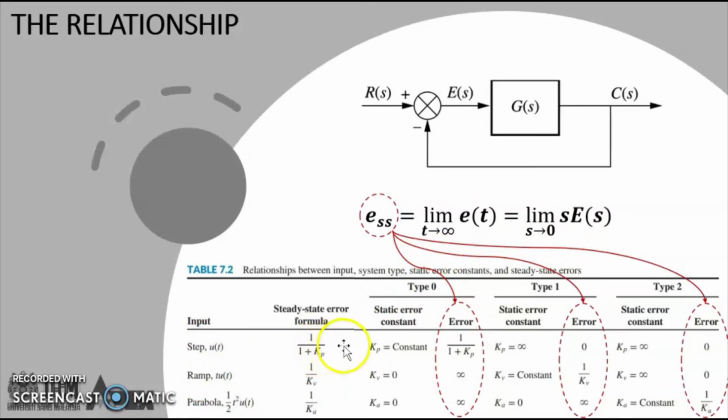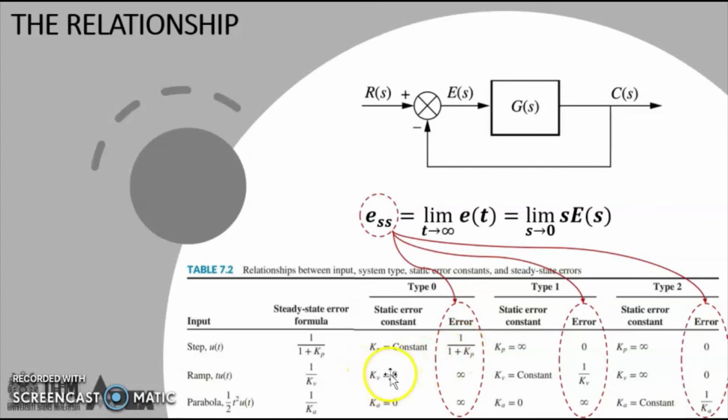Okay, so if it's type 0, if you could notice here, it will give you a constant value. You have that value of kp. So this value of kp will give you a finite value of the error.